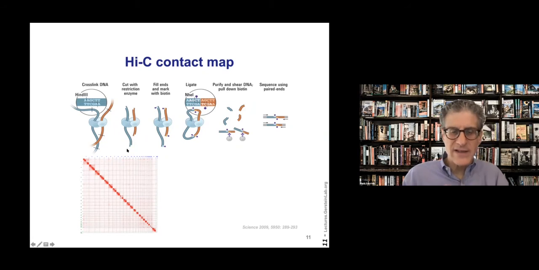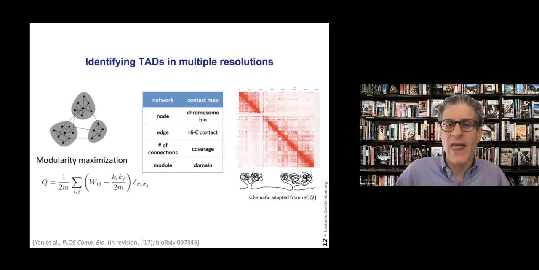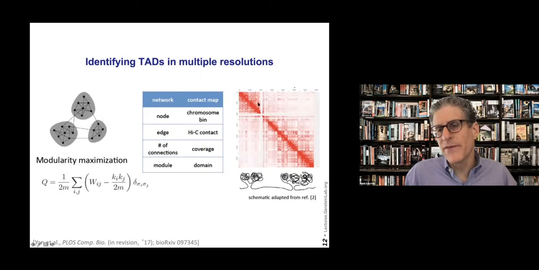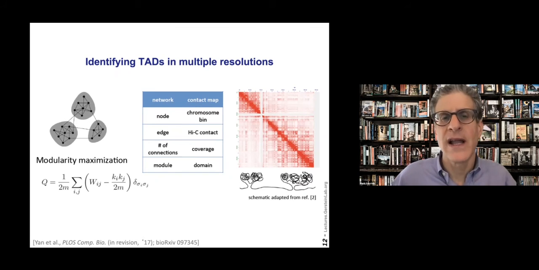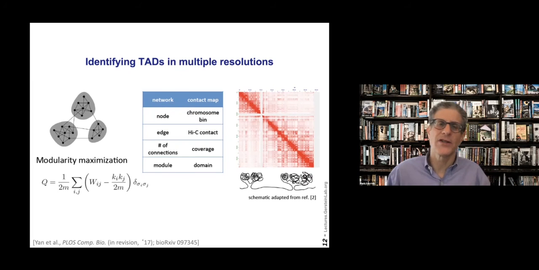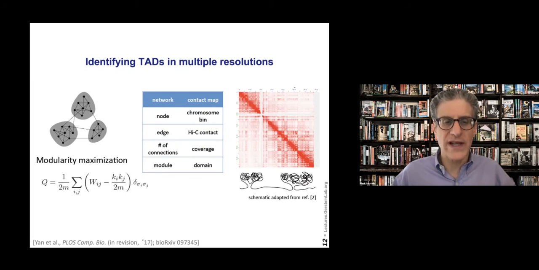Obviously, pieces of DNA that are very close in the line tend to be contacting, but there are also off-diagonal things, and that shows bits of DNA that wrap back on each other and connect. And people often want to find groups of things that are highly clustered together, and people use the term TAD, or topologically associated domains, for this.